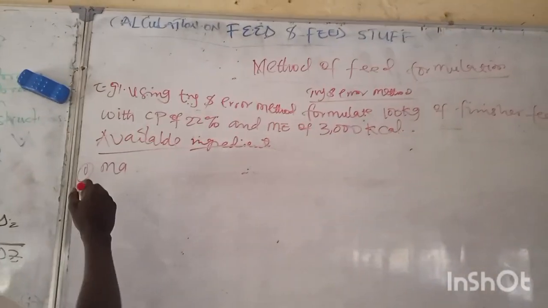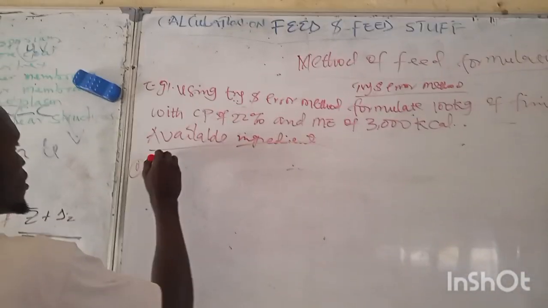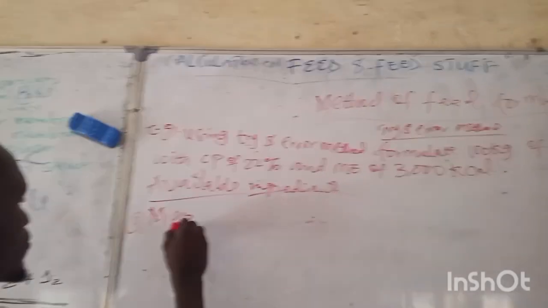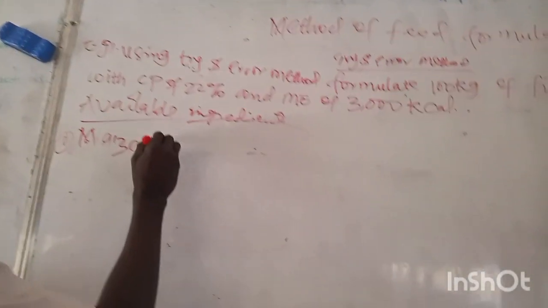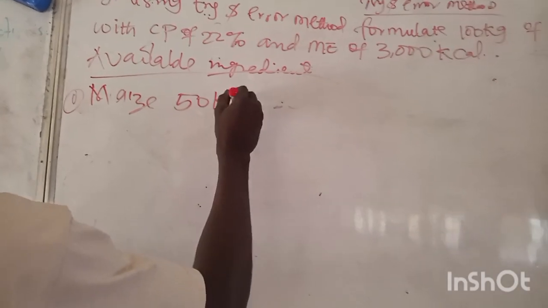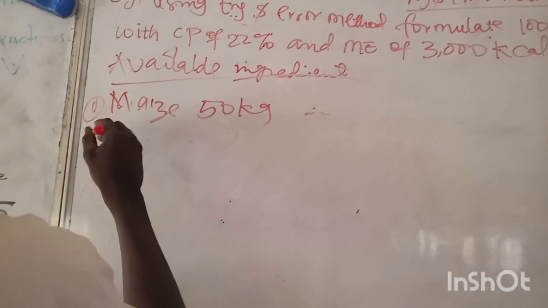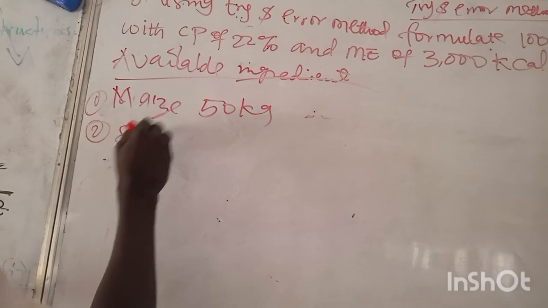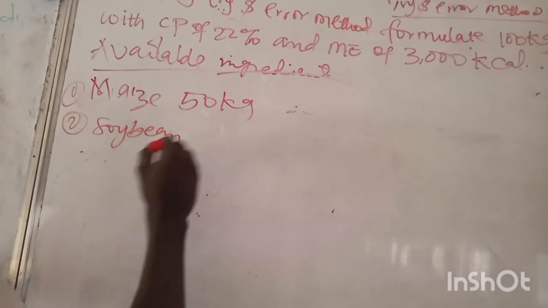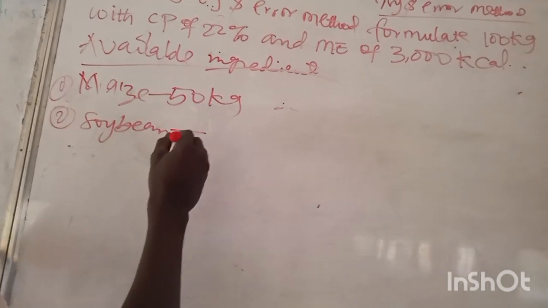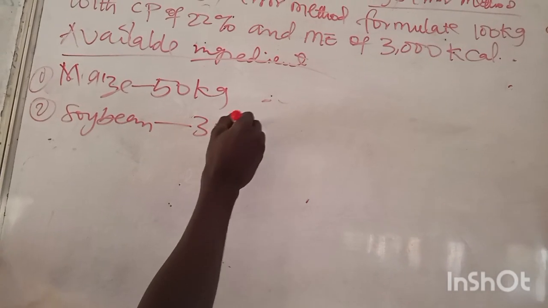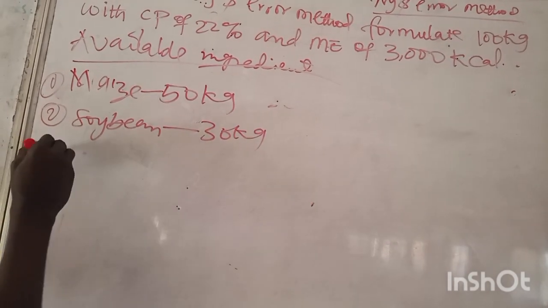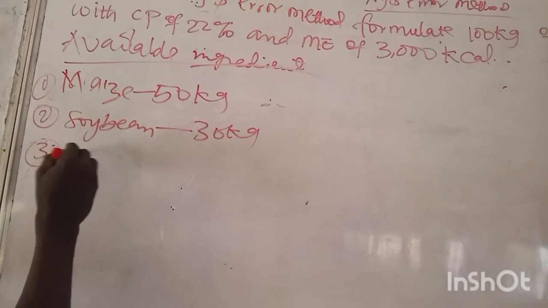So here we say that maize is 50 kg. Let's say maize is 50 kg. Number two, soybean. Soybean is 30 kg. Number three, groundnut cake.